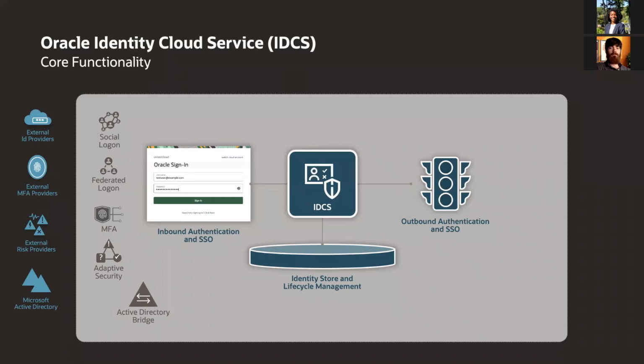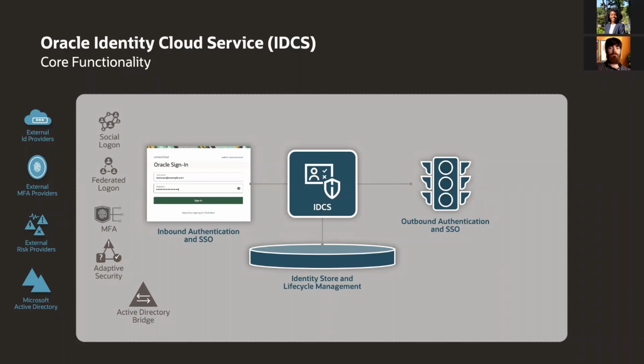If the user resides in another identity provider, you can log in by federating with IDCS through the IDP. This can be the case with other identity providers that support SAML. We also support social login. So for users that exist on other social media platforms, you can allow them to sign in through IDCS that way.